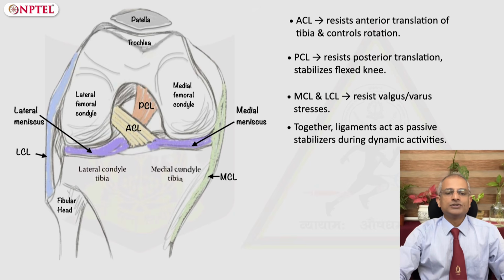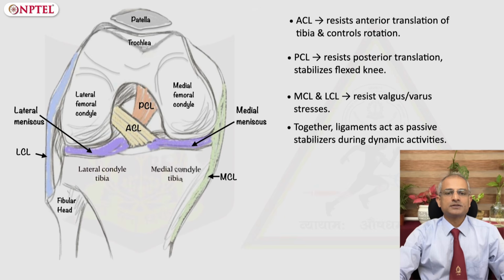The posterior cruciate ligament runs from posterior to anterior, from the posterior proximal tibia to the inner aspect of the medial femoral condyle. It is the strongest ligament of the knee and has two bundles, anterolateral and the posteromedial bundle.